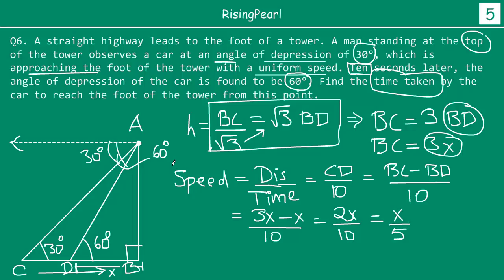So the speed of the car, even though we did not get a number, we got in terms of x, which is the distance BD, how far the car is from the bottom of the tower. Now we need to find out the time taken to reach the bottom.